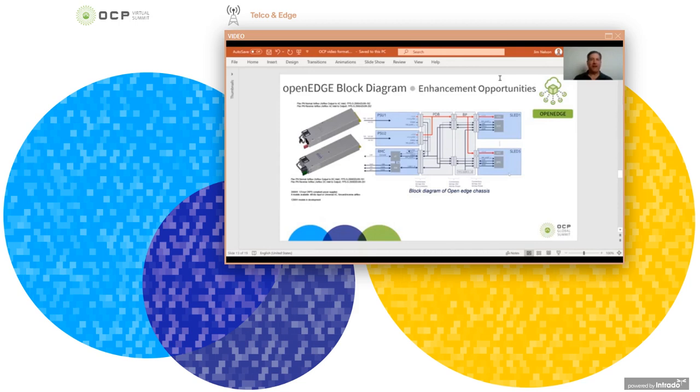They both interact with the rack management controller via PMBus, and they can communicate that everything's fine, power is okay, and enable the system to be able to turn on. The output of the power supplies goes into the PDB, which is the power distribution board.